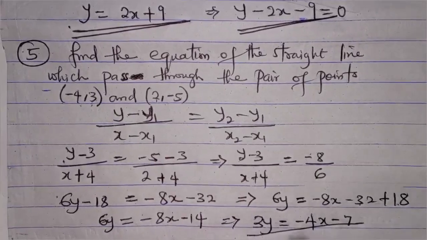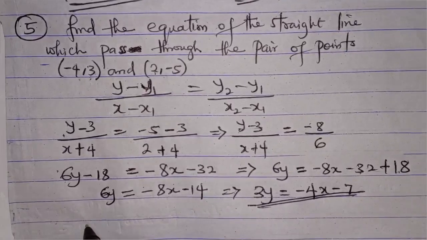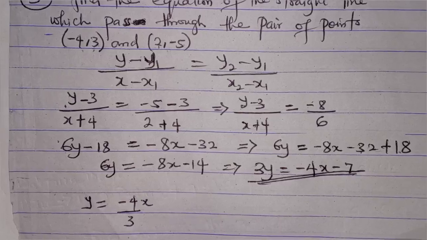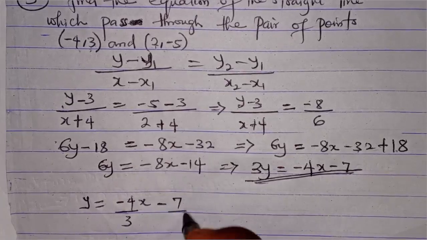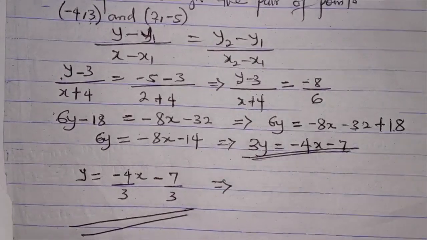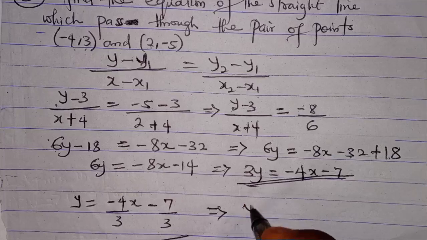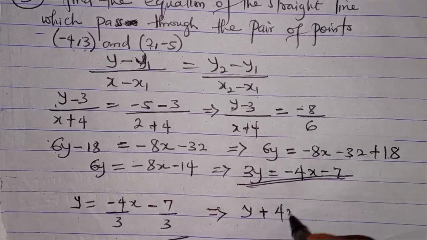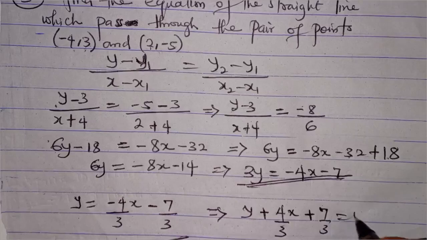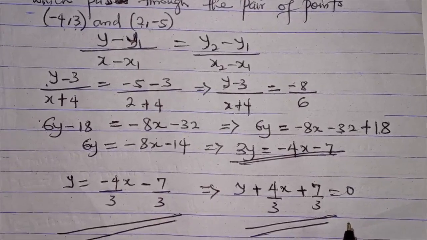So we can choose to leave it this way, or if we completely make y the subject of the formula, we'll be having y equal to minus 4x all over 3, that's dividing both sides by 3, minus 7 all over 3. This will also work. Or if we move everything to one side and set one side to 0, that'll be y plus 4x over 3, that will be plus 7 over 3 equal to 0. This will also work. So this is the equation of the straight line that passes through these 2 points.